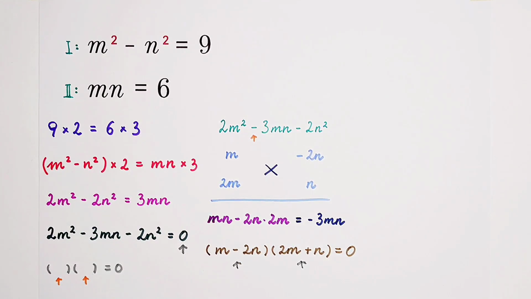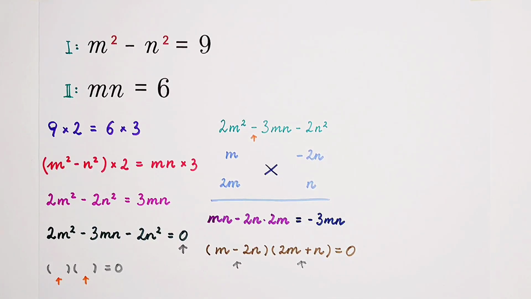Normally, however, for this question, it is abnormal. m minus 2n can be 0. Here comes a problem with 2m plus n equals 0.